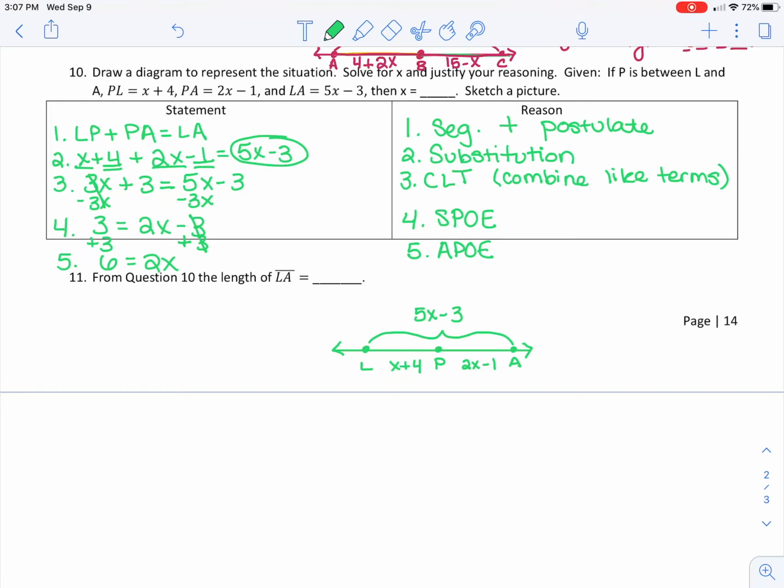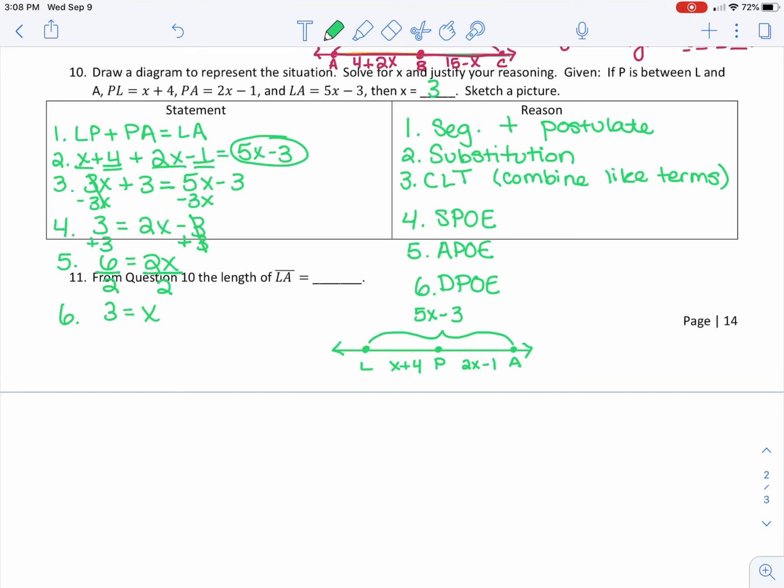Okay. I still don't have x completely solved for. If I want to solve this equation, I have to divide everything by 2, which leaves me with 3 is equal to x. And that is by dividing, so the division property of equality. And I have my final answer as x equals 3.